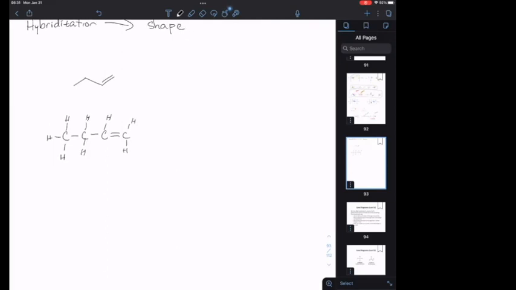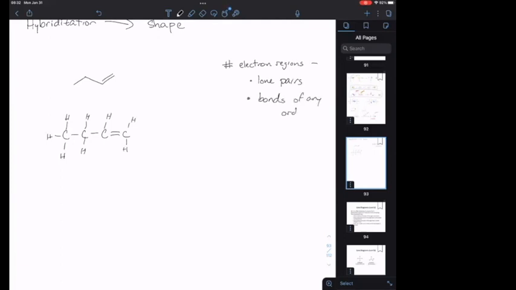To do that, you count what's called the number of electron regions, which is a fancy way of saying either the number of lone pairs or the bonds. And those bonds are of any order. So whether it's a double bond, a triple bond, a single bond, you always count that as just one electron region.